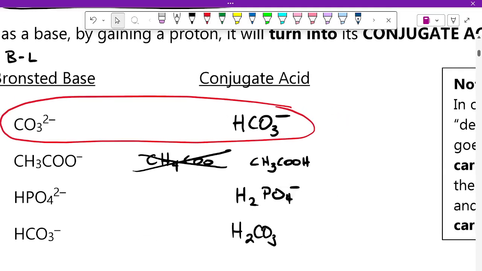You're almost right. You need to get the words in the correct order. The adjective comes first. Conjugate. And we never say base acid. We always say acid base. It wouldn't be incorrect, but it would be weird. Do you know what I mean?